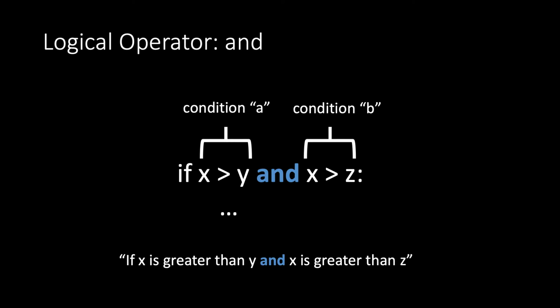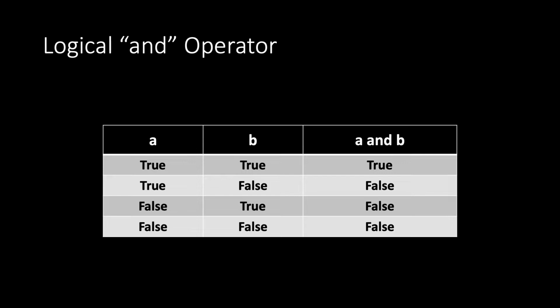AND takes two or more conditions, and all the conditions individually have to be true, and then that will evaluate to true. We see we have two conditions, A and B. If it's true and true, it evaluates to true. But if anything is false, either A and or B, the expression will evaluate to false.